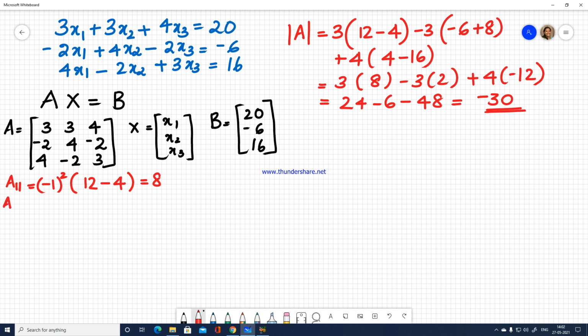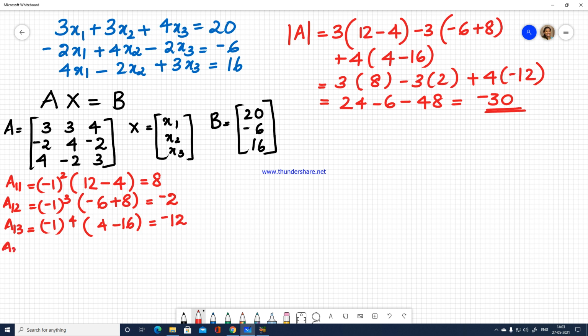Now A12 is minus 1 raised to 3, times (minus 6 plus 8). That is minus 2. Now A13 is equal to minus 1 raised to 4, times (4 minus 16). That is minus 12.